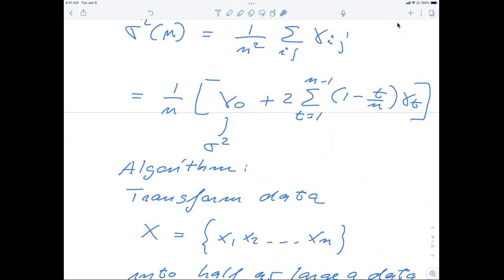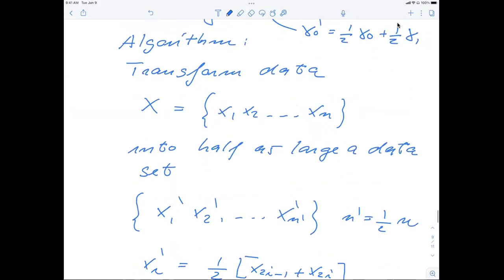When I split it in half once, I get a gamma 0 prime, which is easy to evaluate because it's simply given by gamma 0, the original result, plus 1/2 of gamma 1. And these are quantities which I can easily evaluate. So I know what this gamma 1 is, I can calculate it, and then I would simply proceed with these types of calculations.